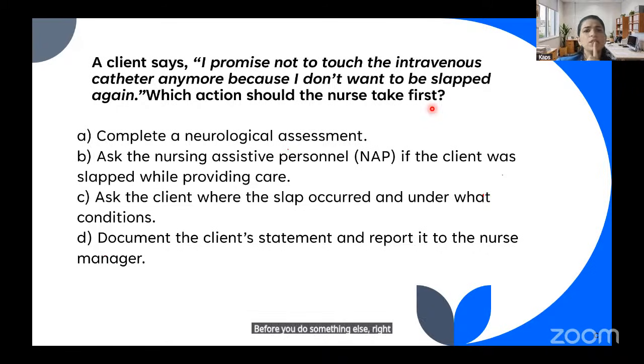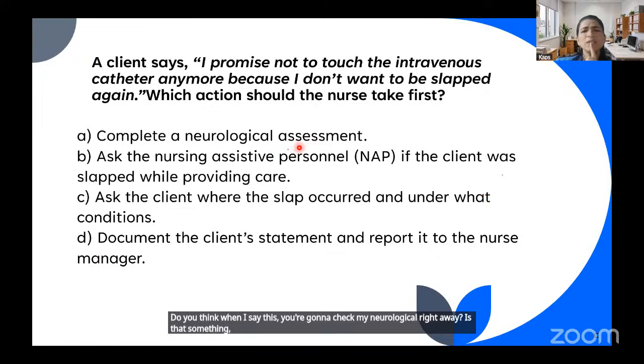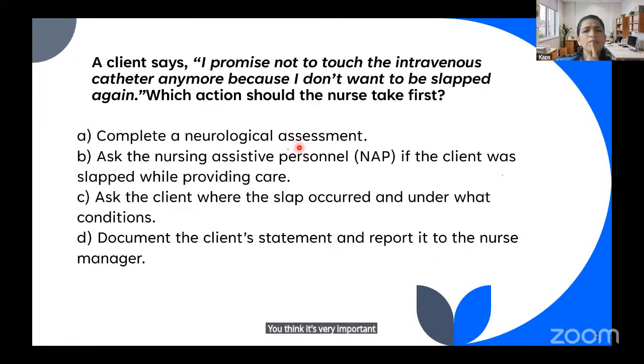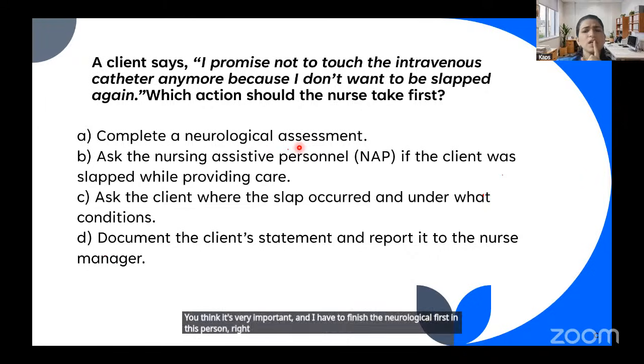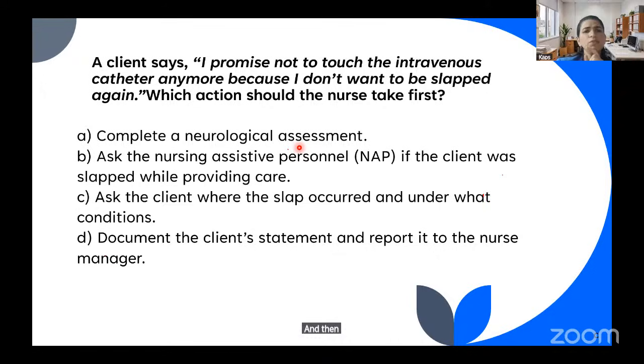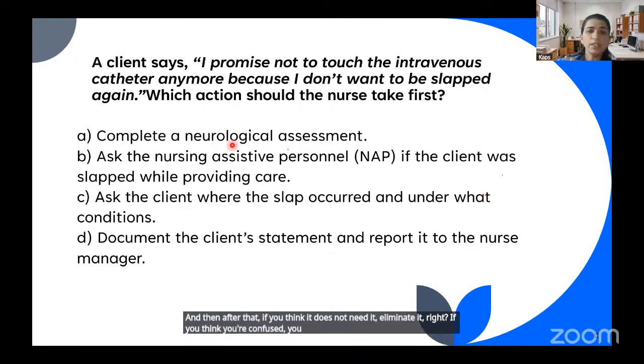Do you think you're going to check my neurological status right away? Is that something very important? This is how you should think in this case. And then if you think an option does not need it, eliminate it. If you're confused, keep it and compare it with option B.